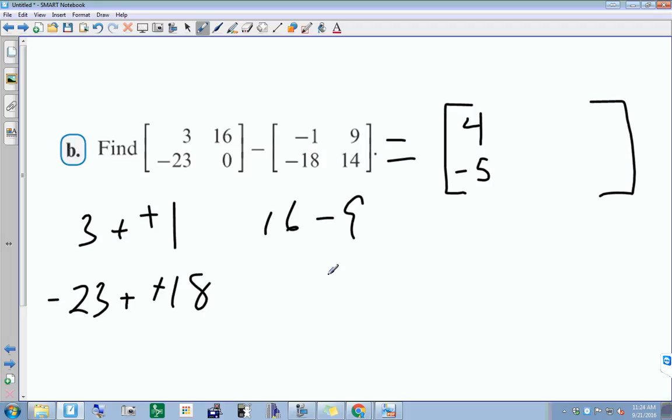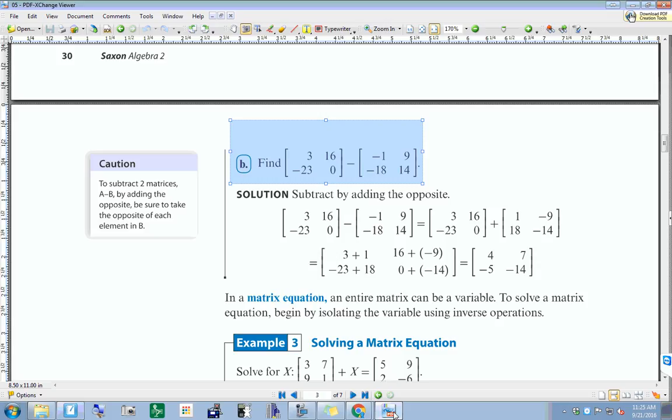Here I've got 0 minus 14, so it's going to be -14. That's all it's doing. All you have to remember is when you're adding or subtracting matrices, the one that's in the same spot, corresponding places, you either add or subtract them. That's all you're going to do. Nothing too tricky at all.